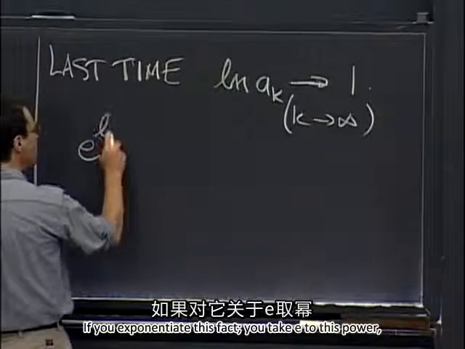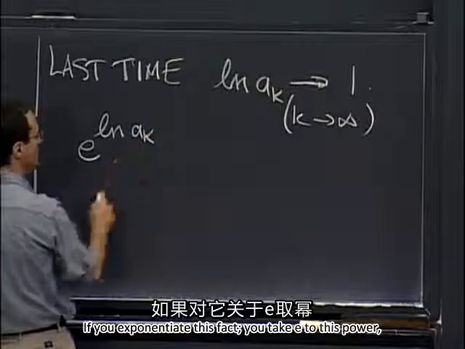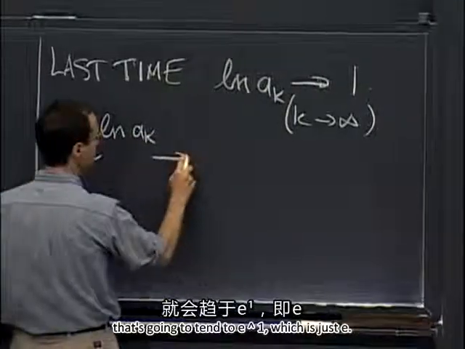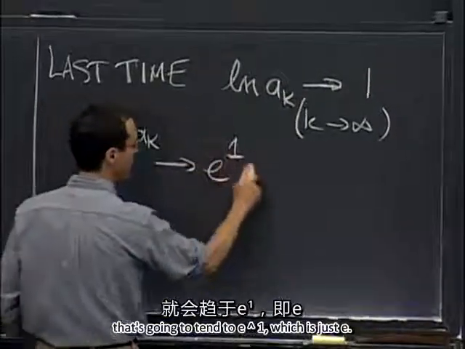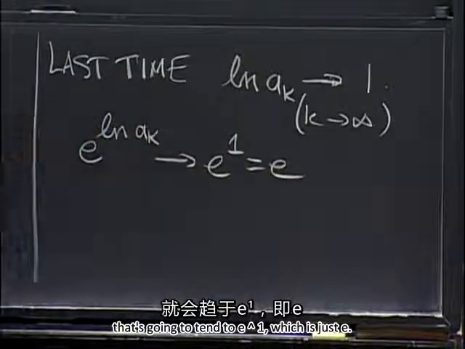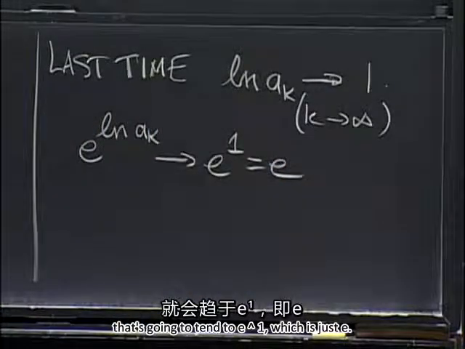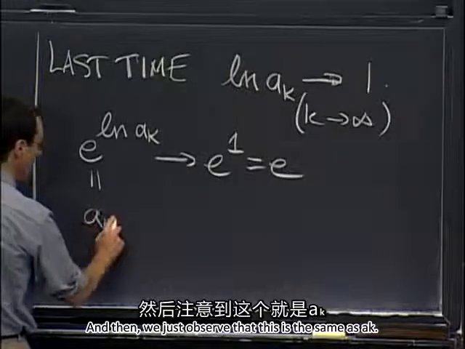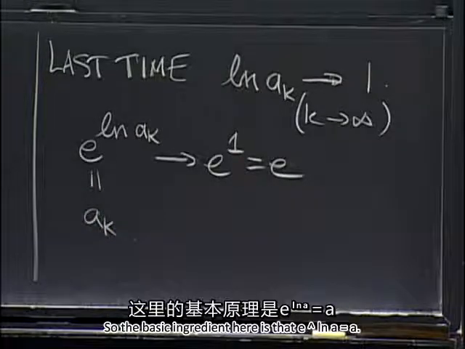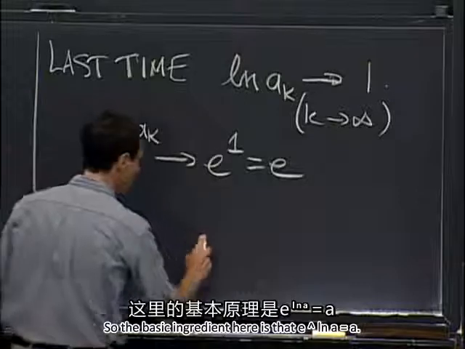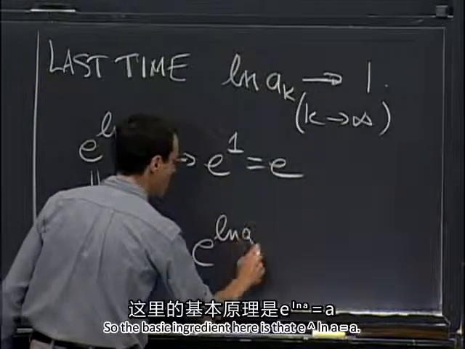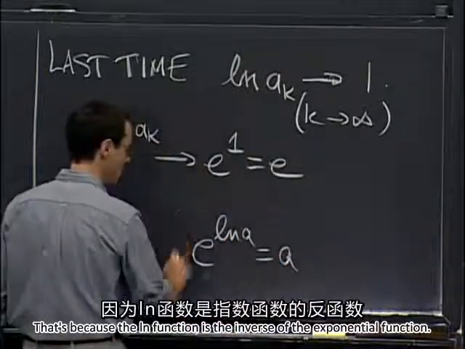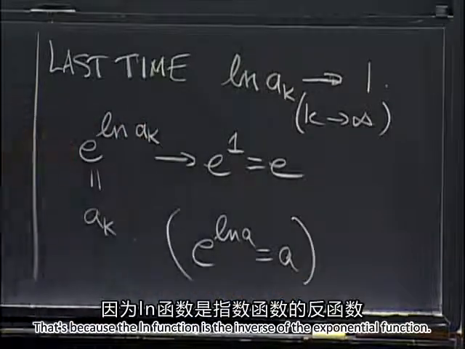If you exponentiate this fact, you take e to this power, that's going to tend to e to the first power, which is just e. All right? And then we just observe that this is the same as a_k. Right? So the basic ingredient here is that e to the log a is equal to a. That's because the log function is the inverse of the exponential function.